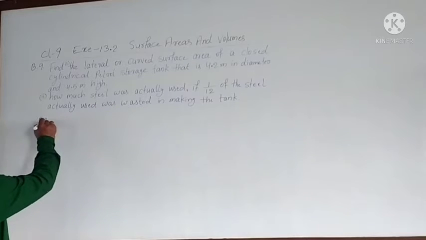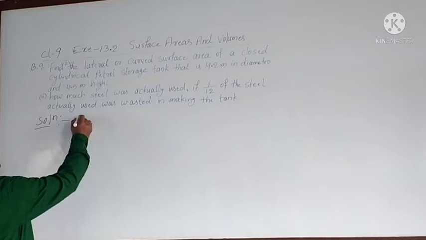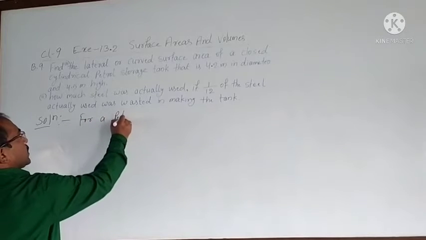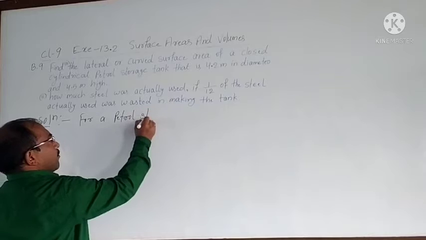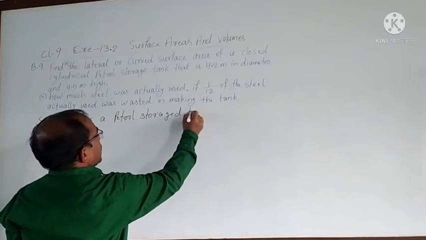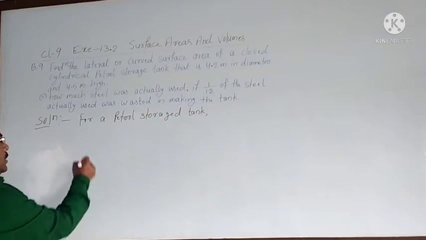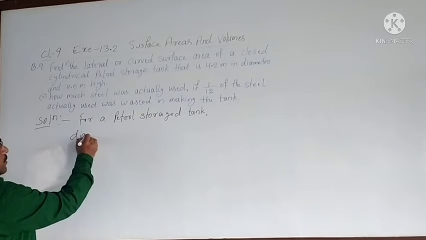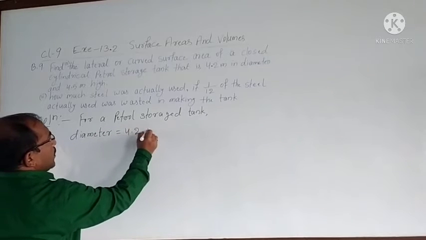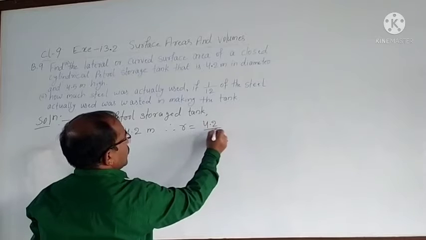The question is about one storage tank, a petrol storage tank, and that tank is cylindrical. We have a 4.2 meter diameter, so the diameter is given as 4.2 meter, and when we have the diameter we get the radius, so it will be 4.2 by 2.